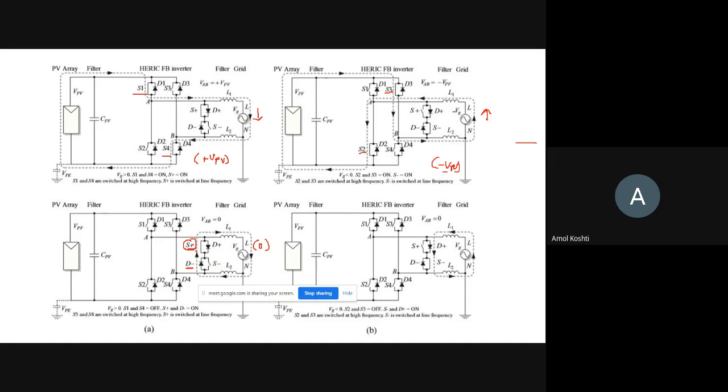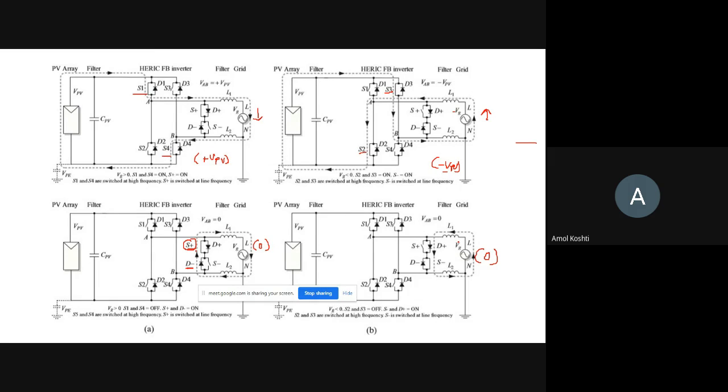In the first case S plus and D minus are on, and energy will be freewheeled into the zero output. After the negative half, D plus is turned on and S minus is turned on, and again zero is produced. So in this way zero is produced. This is the operation which I am explaining to you.